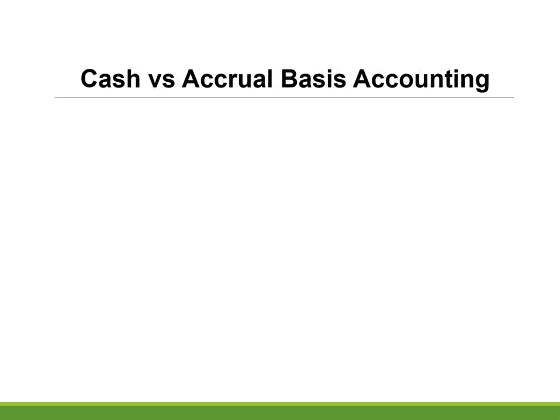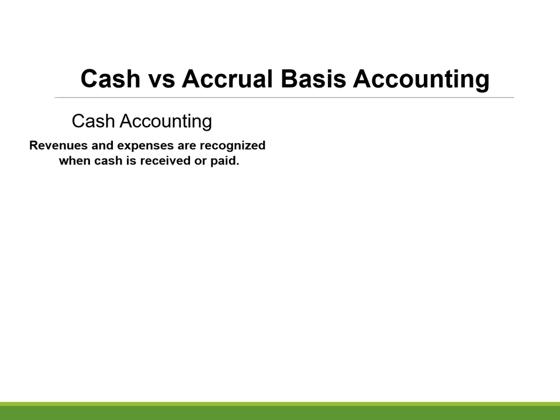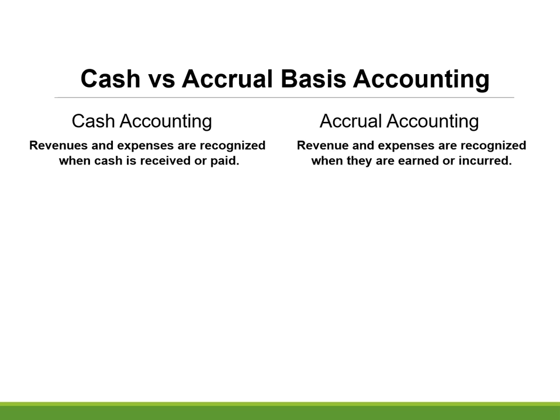Okay, now let's compare cash basis accounting versus accrual basis accounting. So with cash basis of accounting, revenues and expenses are recognized when the cash is received or paid. And then accrual accounting utilizes the revenue recognition principle and the matching principle.